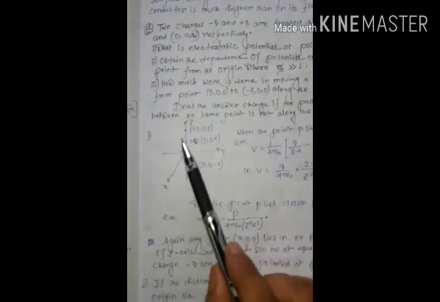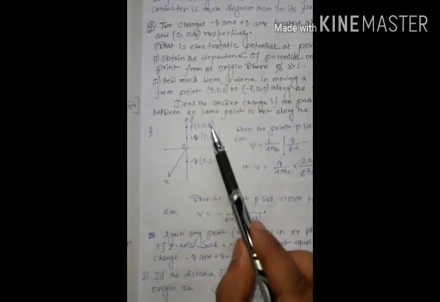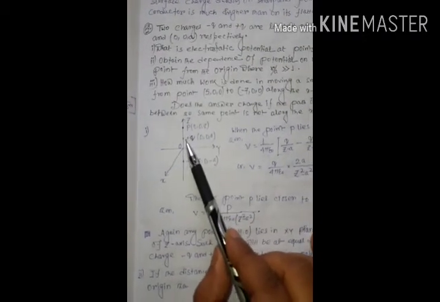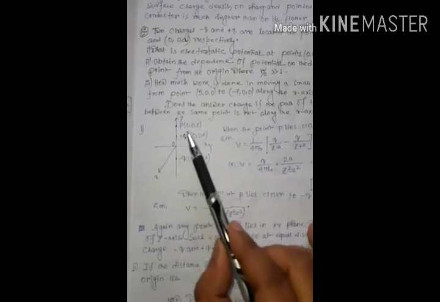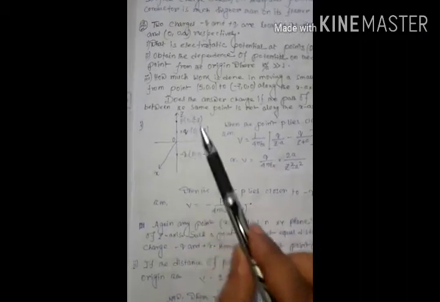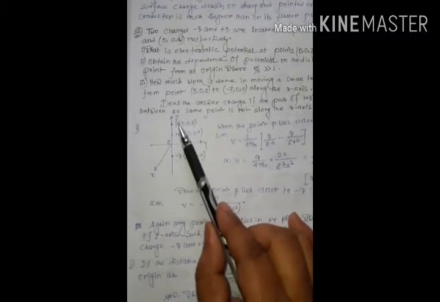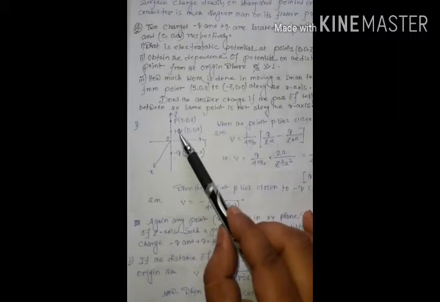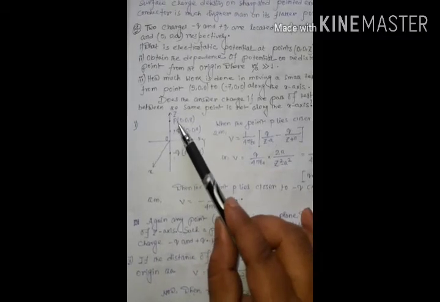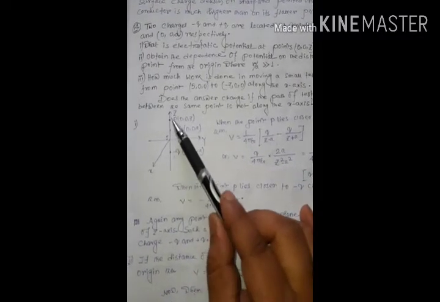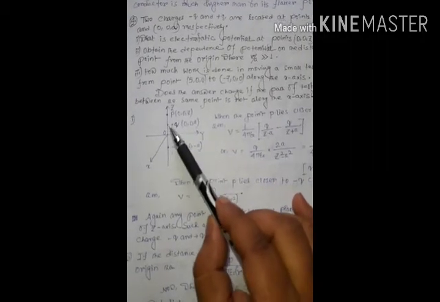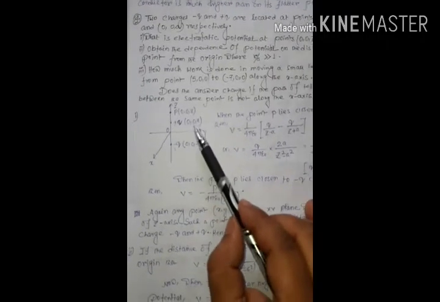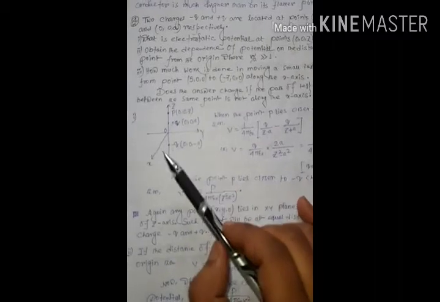So see the diagram. To determine the potential at point P, you have to know the distance from the plus q charge and the distance from the minus q charge also. The distance from the plus q charge is z minus a, as O to P is z and O to the plus q charge is a. So plus q to P is z minus a, and minus q to P is z plus a.